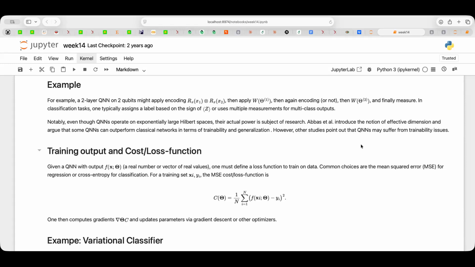It's pretty similar to a standard neural network, except that you're now replacing the hidden layers with a different set of gate operations. And these operations can be on all qubits or just a selected subset, because the circuit you're setting up depends simply on how complex you make it.